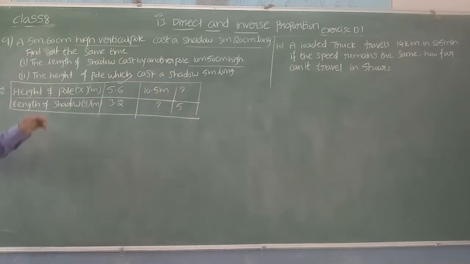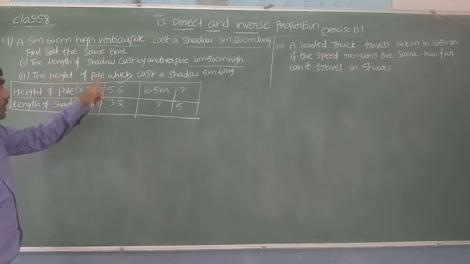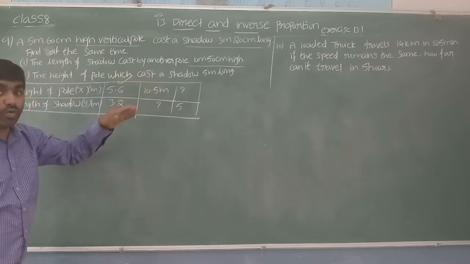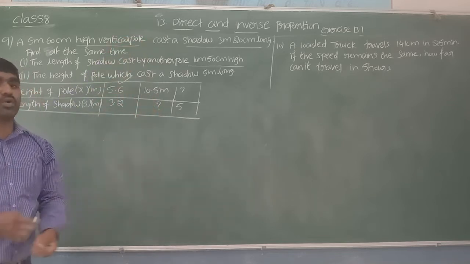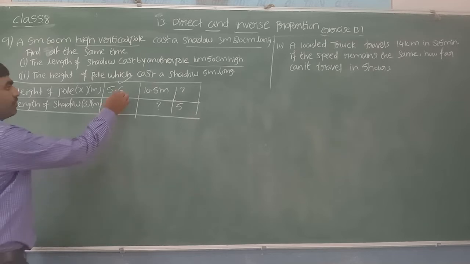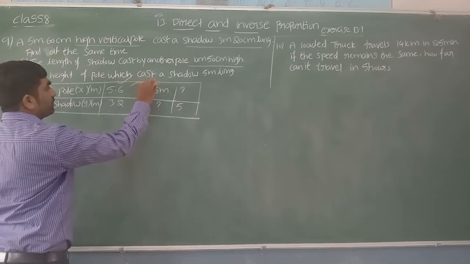Now you can see better here. Imagine when the height of the pole is increasing, automatically the length of the shadow is also increased, from 5.6 to 10.5.